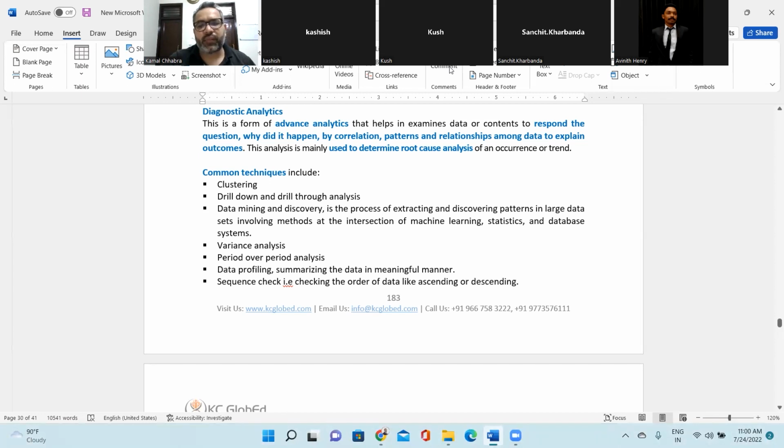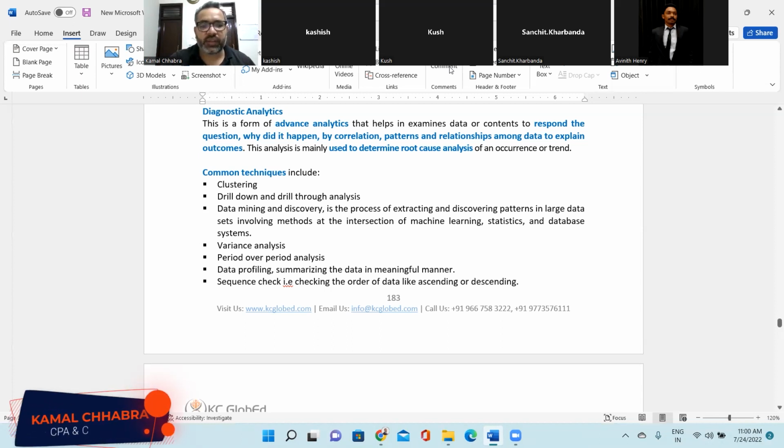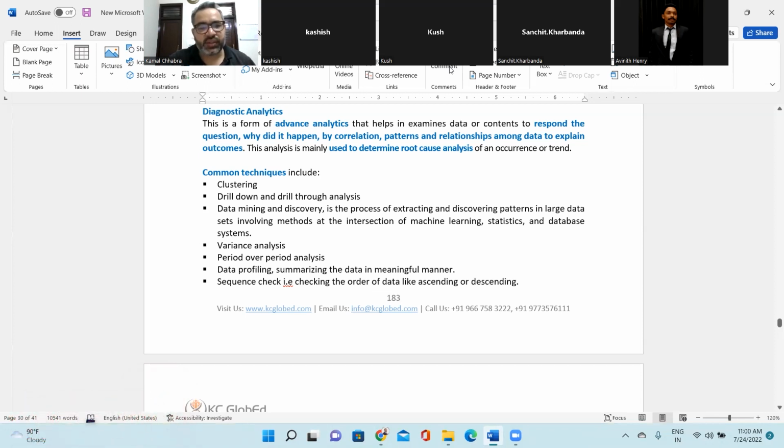Next is data mining and discovery. Data mining and discovery is actually a process of extracting and discovering patterns in a large data set, involving methods at the intersection of machine learning, statistics, algorithms, database systems, and so on and so forth. So here, data mining is basically, you have the entire data stored at one place, and then from that data you are extracting the respective reports on a need basis, and you are discovering the root cause from those databases, right?